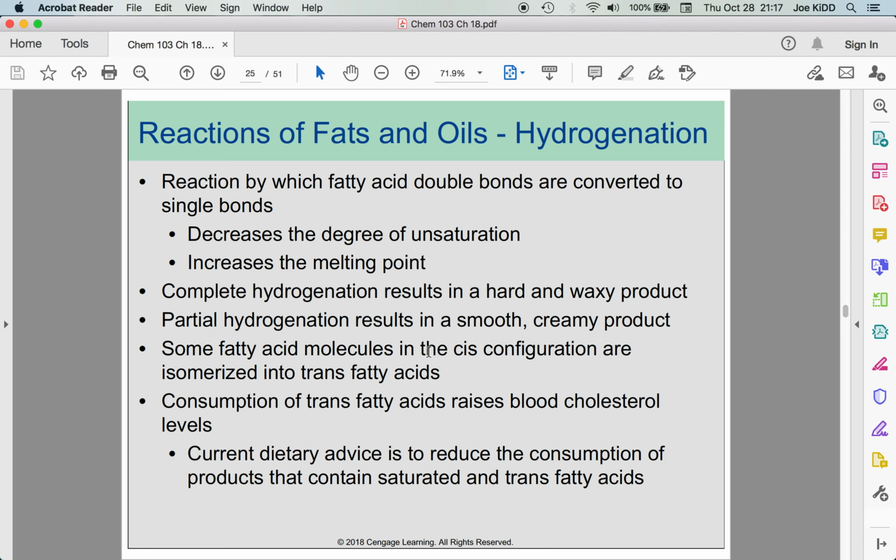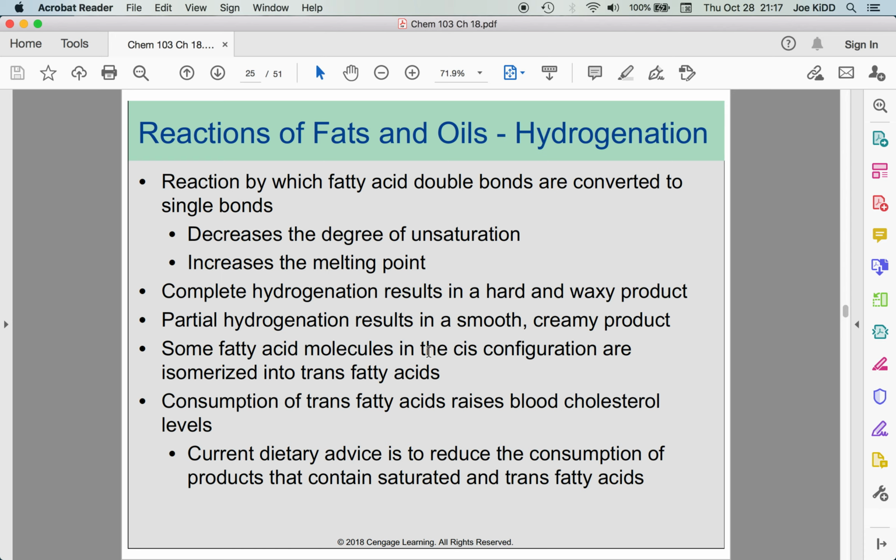We know that oils are liquids at room temperature. Margarine, however, is not. Margarine is a soft, creamy, spreadable solid, which is the desired outcome. And the way this is done is by removing degrees of unsaturation within the oil to increase the melting point, bringing it to a semi-solid, soft, solid form.